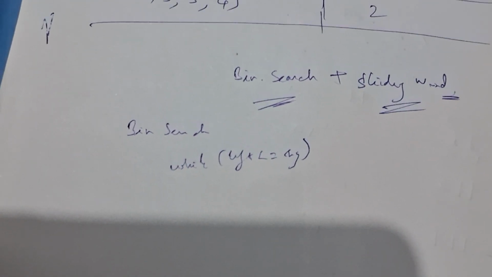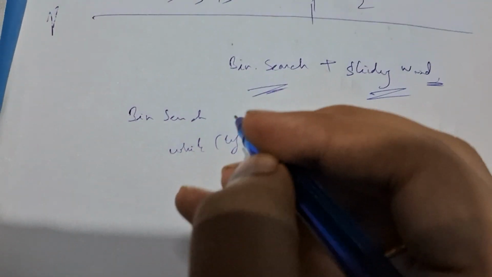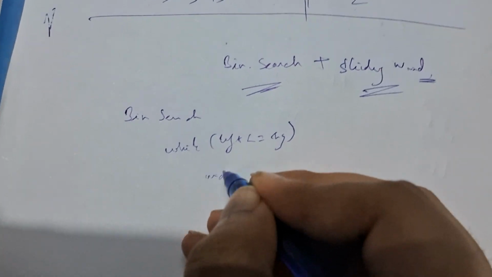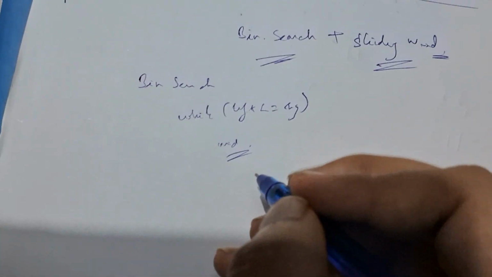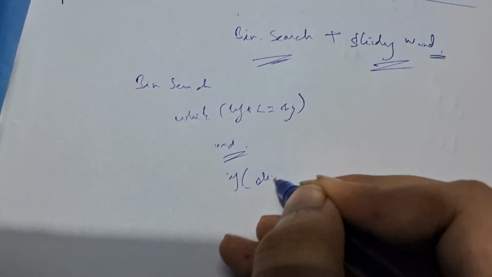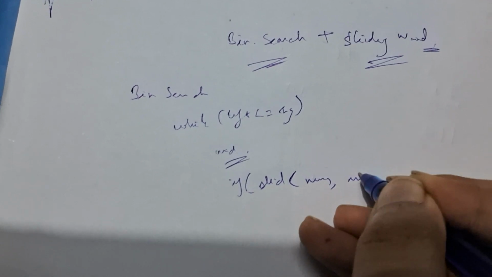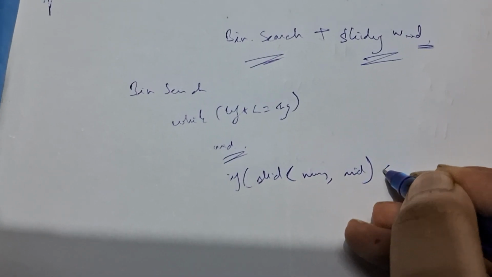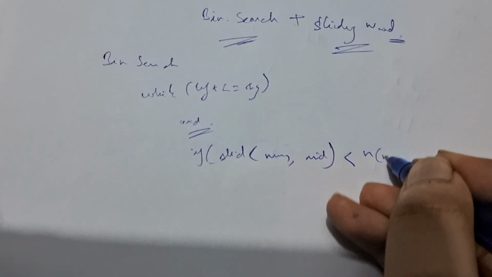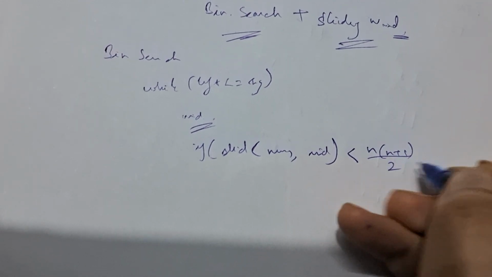For that you can find the mid, you know the formula, and check if slidingWindow(nums, mid) is less than n*(n+1)/2 plus 1, all divided by 2.